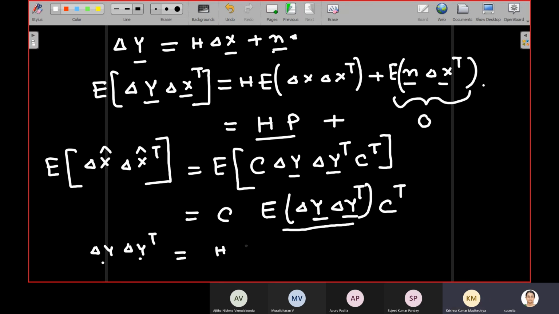So one will be H delta x delta x transpose H transpose, then H delta x n transpose, then n delta x transpose H transpose, and then we have n n transpose.